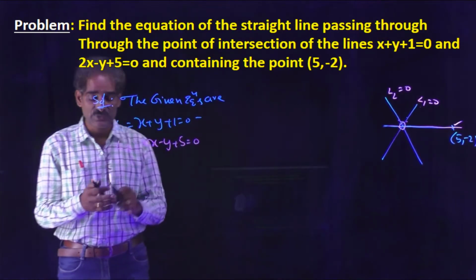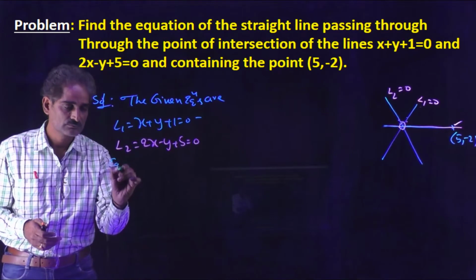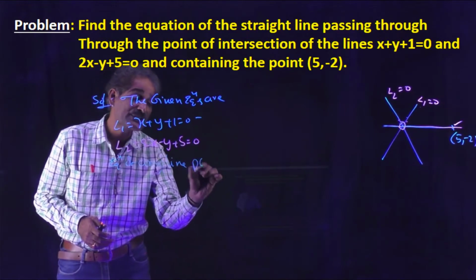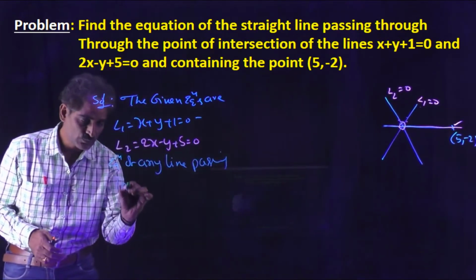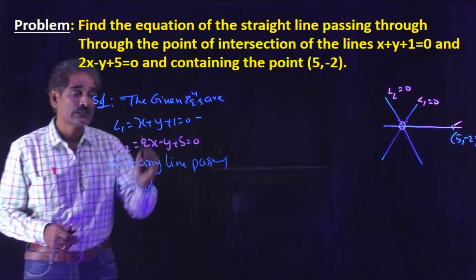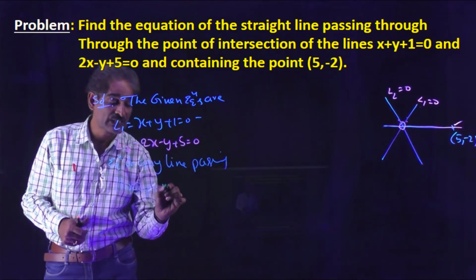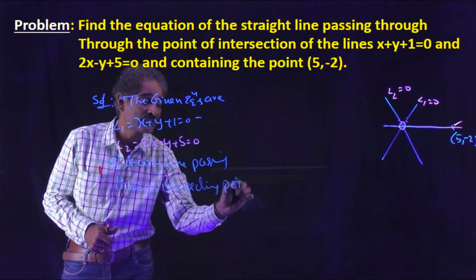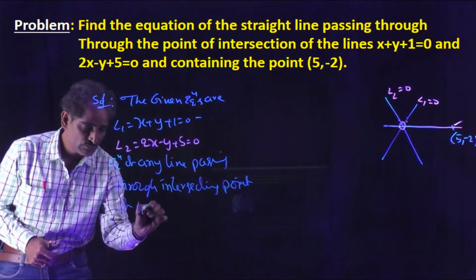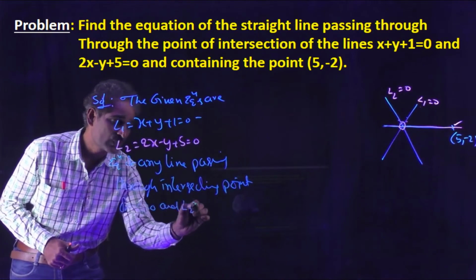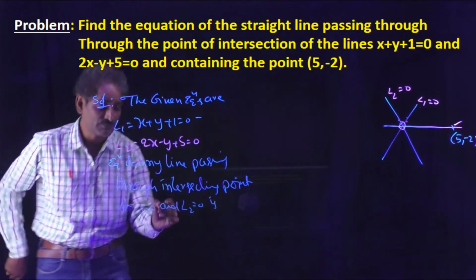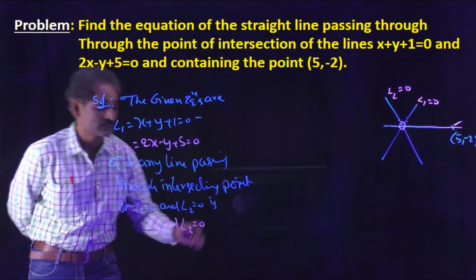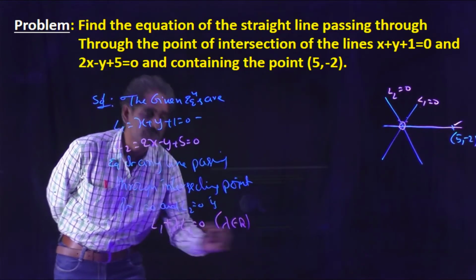Okay, so the equation of any line passing through the intersection point of L1 equal to 0 and L2 equal to 0 is of the form L1 plus lambda L2 equal to 0, where lambda is a non-zero real number.